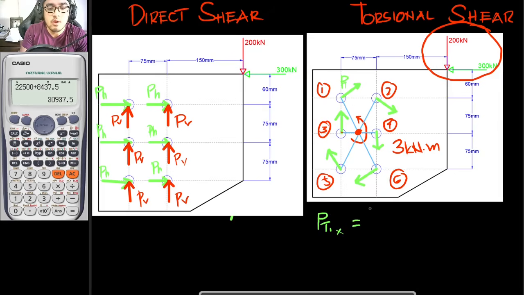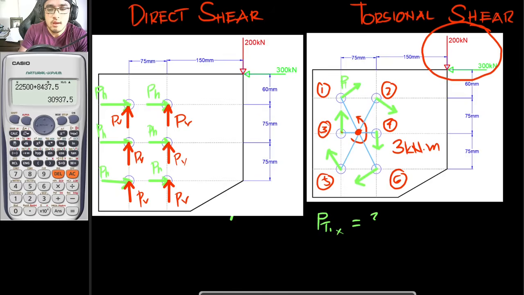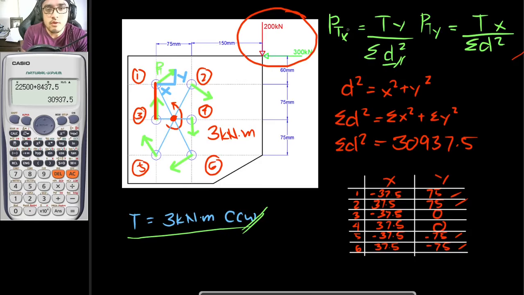This is to be equal to the torsional moment, which is 3 kilonewton meter, times the y component. Once again, if you are solving for the x component, you must use y here. And if you are to solve for the y component, you are to use x here.